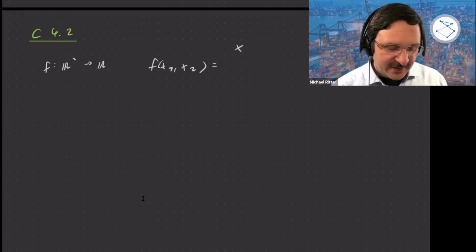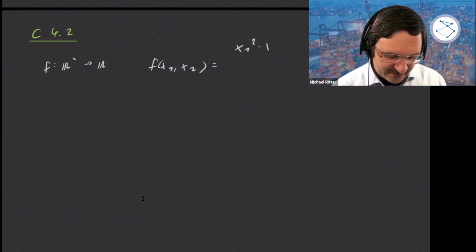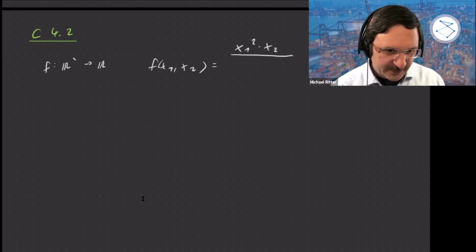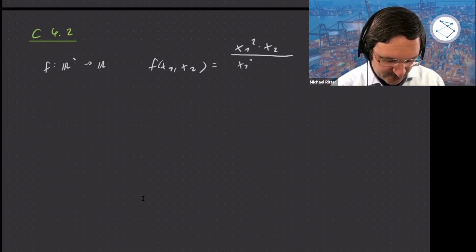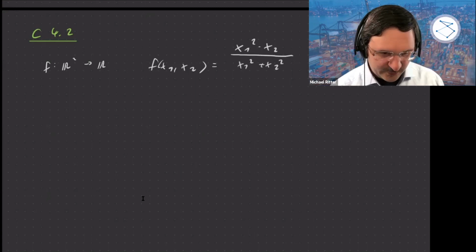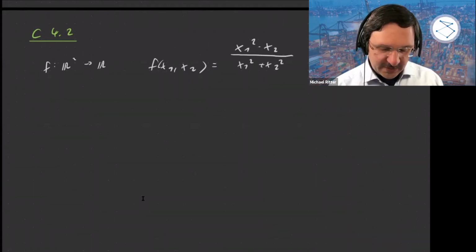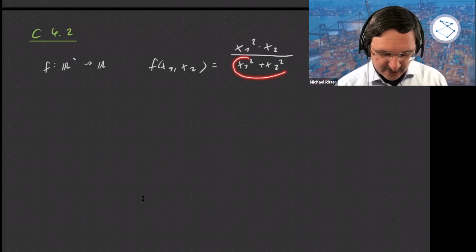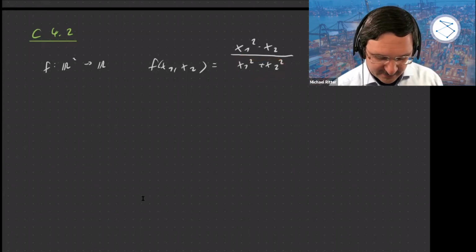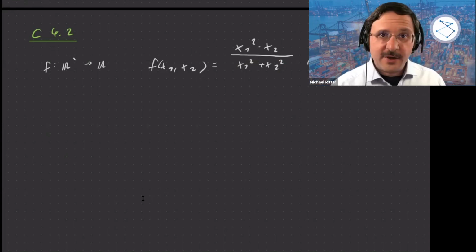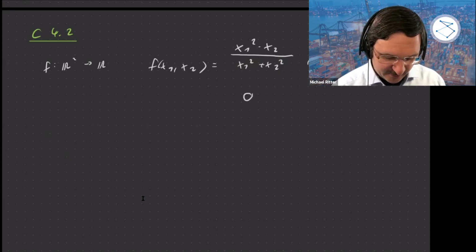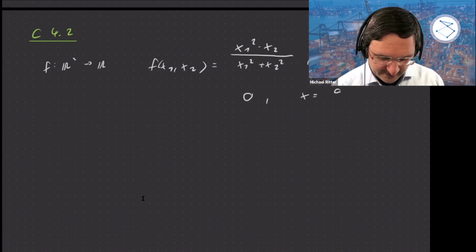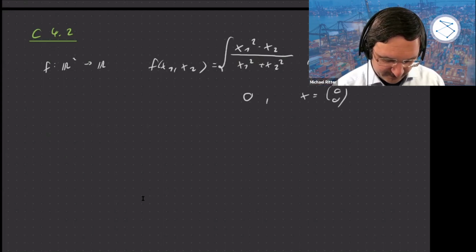The function is defined as x1 squared times x2 divided by x1 squared plus x2 squared. And obviously that expression is not defined at the origin because the denominator would be 0 then. So this holds for all x that are not equal to the origin. And at the origin, we simply assign a fixed value of 0. So that's true for the origin.